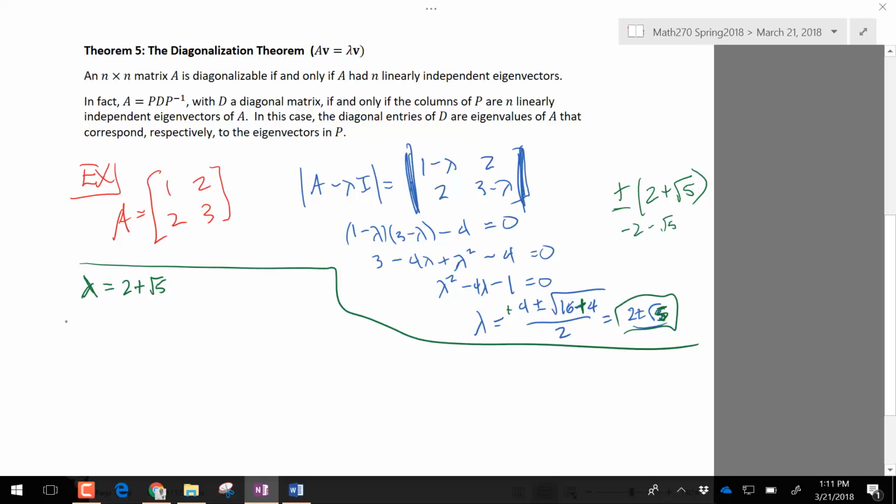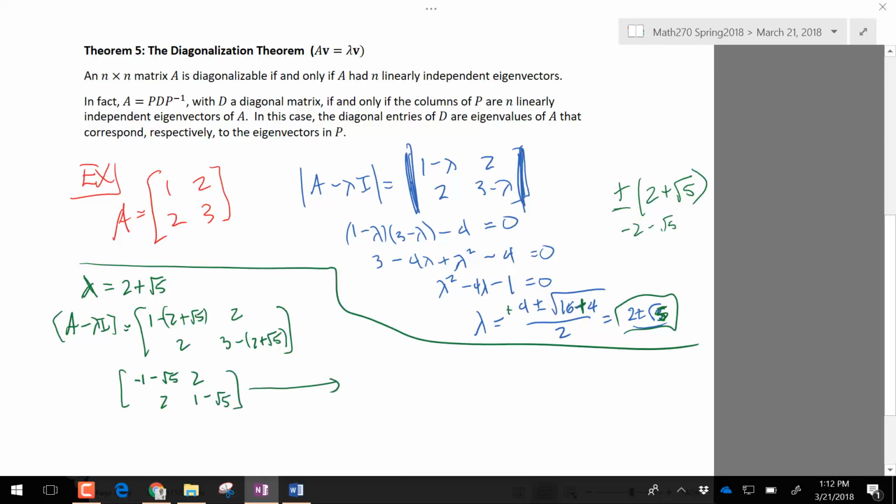All right, A minus lambda I is equal to 1 minus 2 plus root 5 with parentheses. We have 2, 2, and 3 minus 2 plus root 5. Simplified, this is negative 1 minus root 5, 2, 2, and then positive 1 minus root 5.